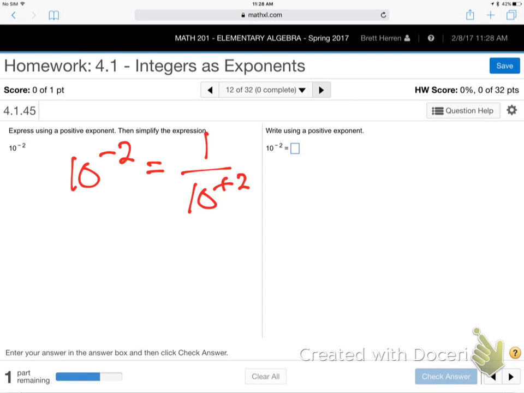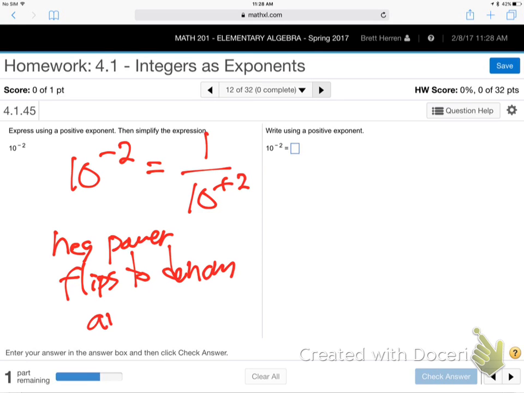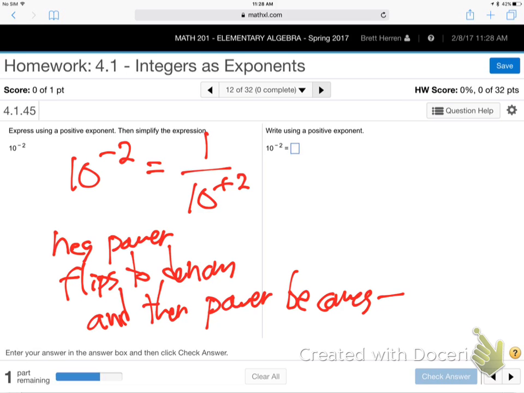So in other words, a negative power flips to the denominator, and then the power becomes positive. Does that make sense? And then you just finish it up like normal.